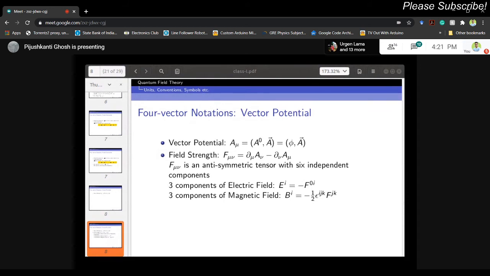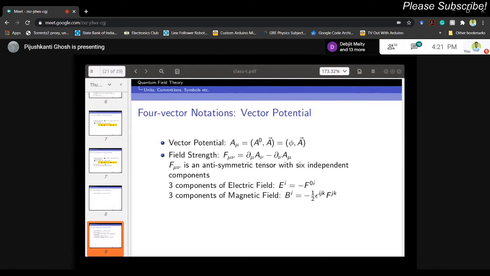So you understand that it should have 16 components. You agree with that? Now if the diagonal elements are 0, there are 4 diagonal elements, so we subtract 4 from 16. So 16 minus 4 is equal to 12. You agree with that?